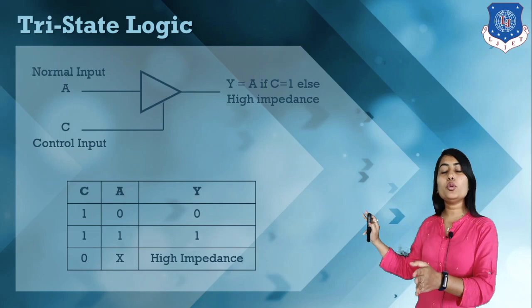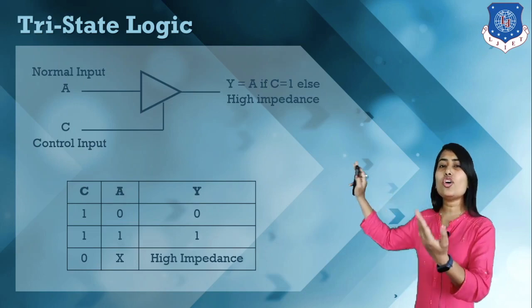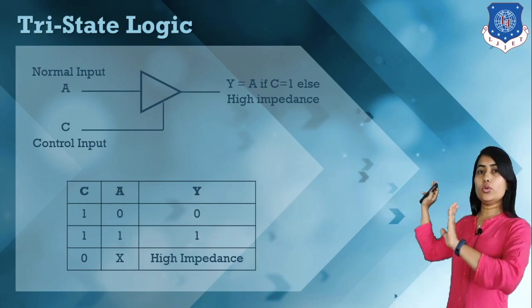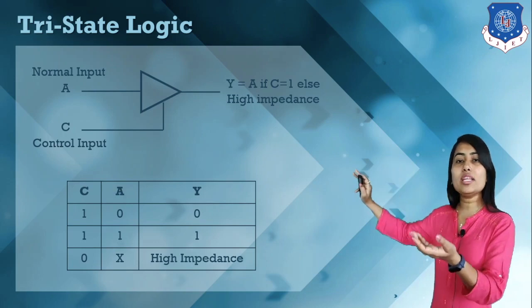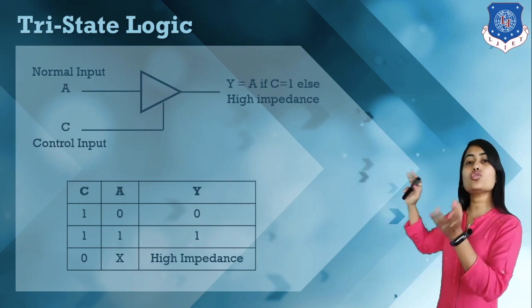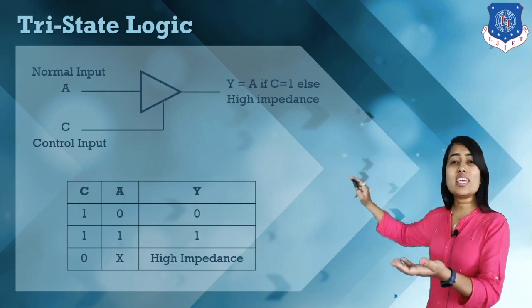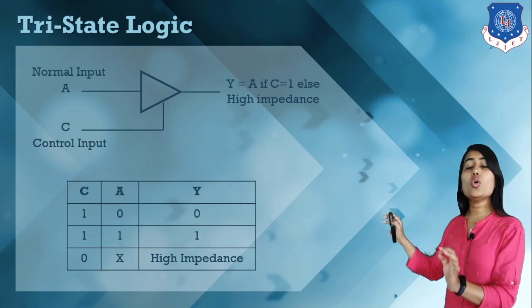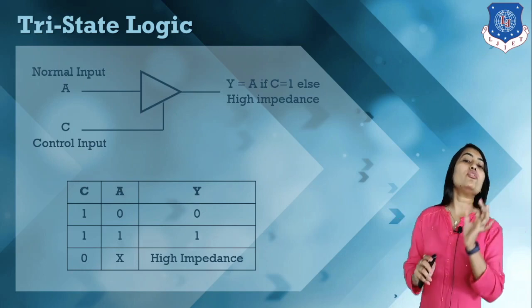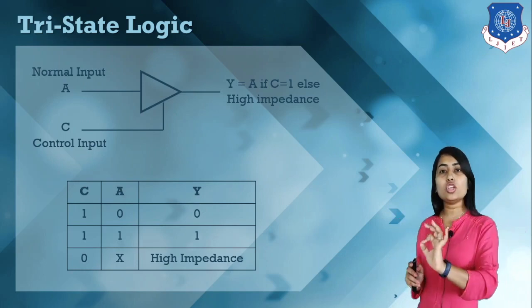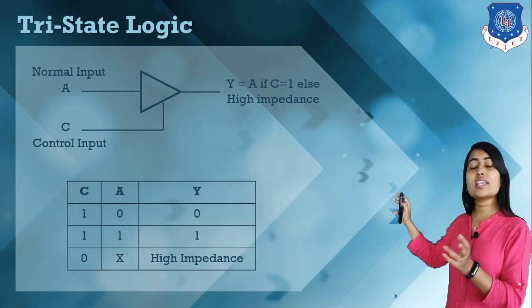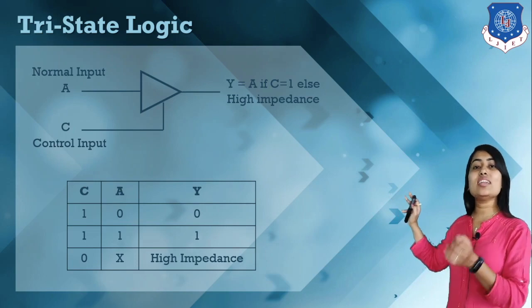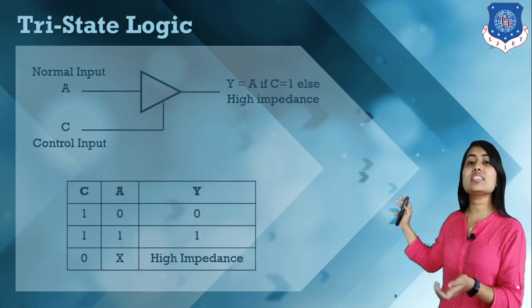If the control input is equal to 1, then the normal input is equal to the output. Whatever the value of the normal input, if A is equal to 0, at the output side we have a 0, and if A is equal to 1, at the output side we have a 1. But if the control input C is equal to 0, then this circuit works as an open circuit and goes into a high impedance state.